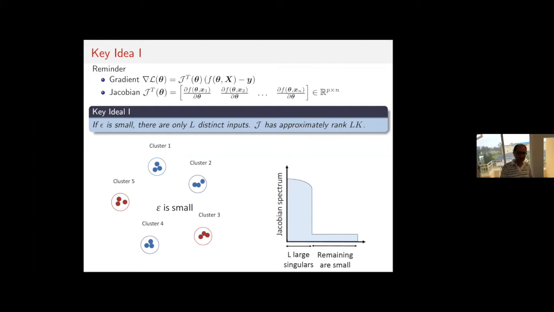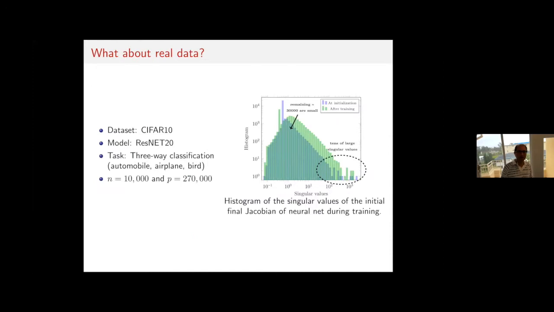Even though we discussed these theorems in this setting where the data is clusterable, in fact, this property does hold on real data also. This is a simple experiment on CIFAR-10 using a ResNet-20 model.